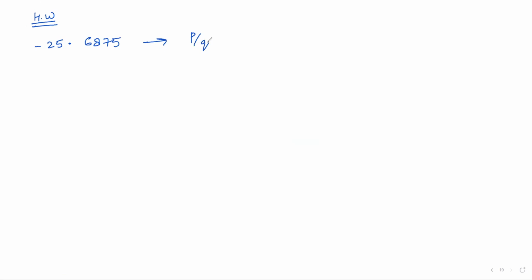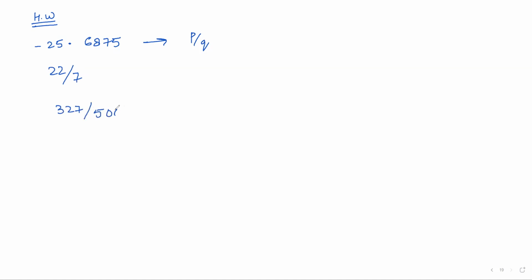And let me give you some divisions also. 22 by 7, that was one of the homework. So 22 by 7 you have to divide. And then one more I'm giving. So 327 divided by 500.